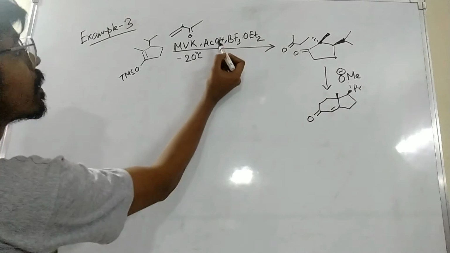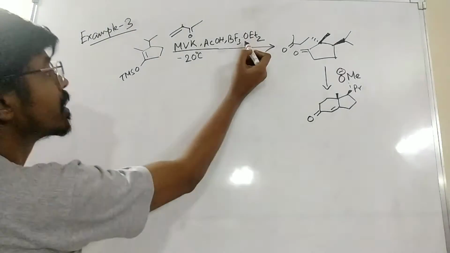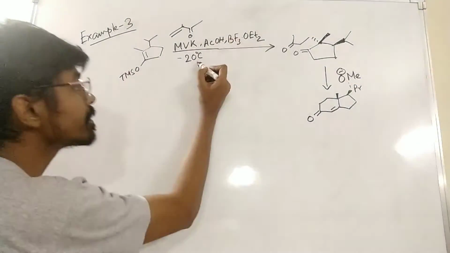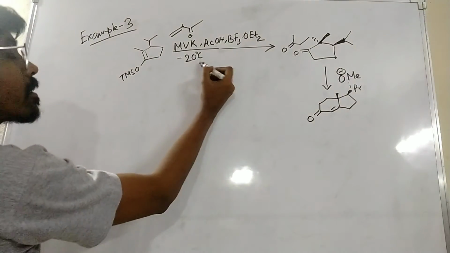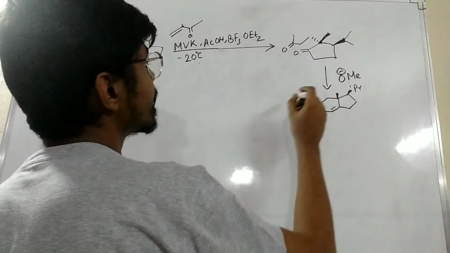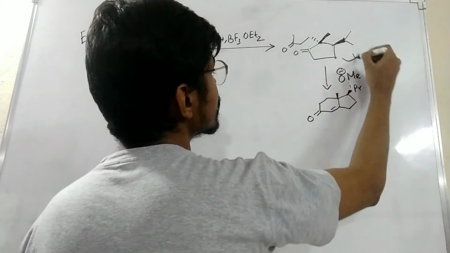Then acetic acid is used, BF3 etherate, and the reaction is going to take place at minus 20 degrees centigrade temperature. So after Michael addition, this compound will form.